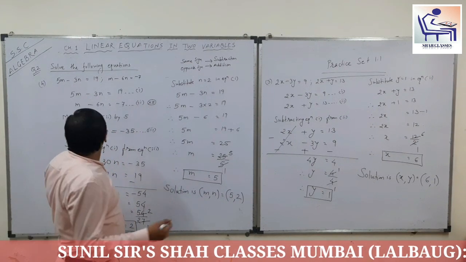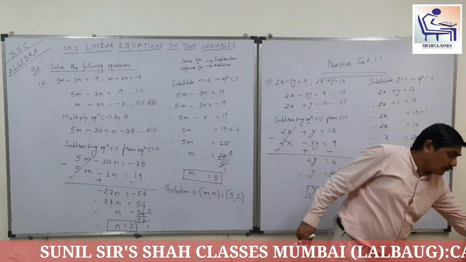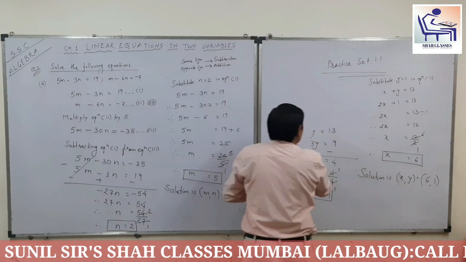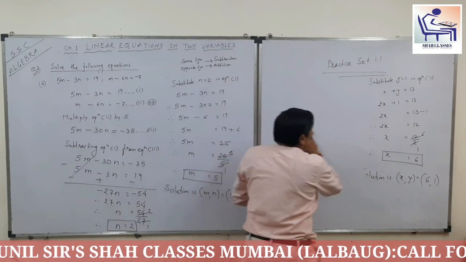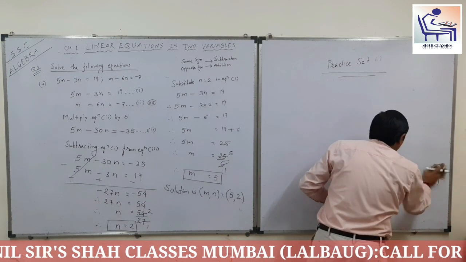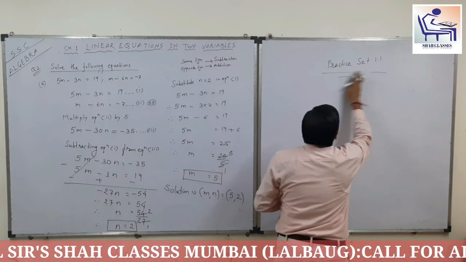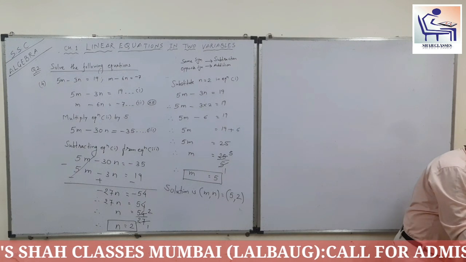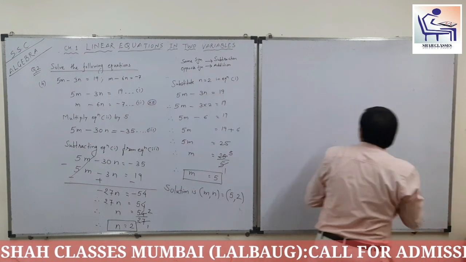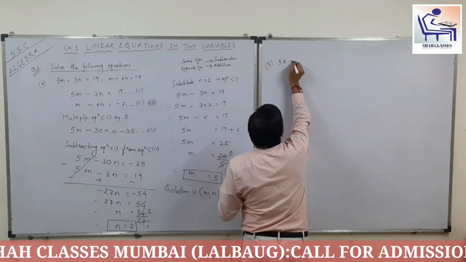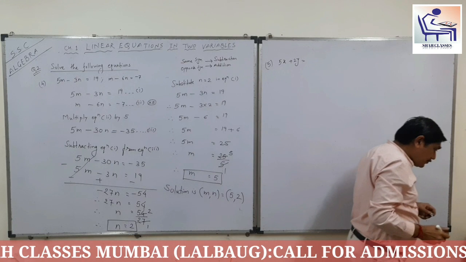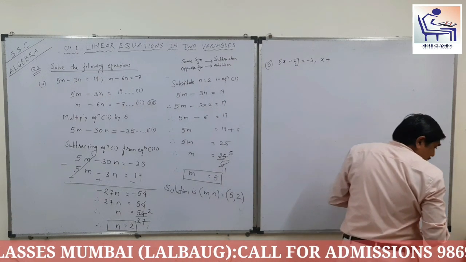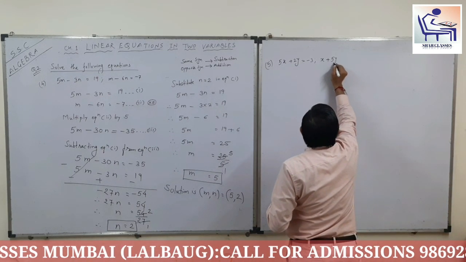Okay, now we will go for the next sum. Okay, so the fifth sum is 5x plus 2y is equal to -3 and x plus 5y is equal to 4.